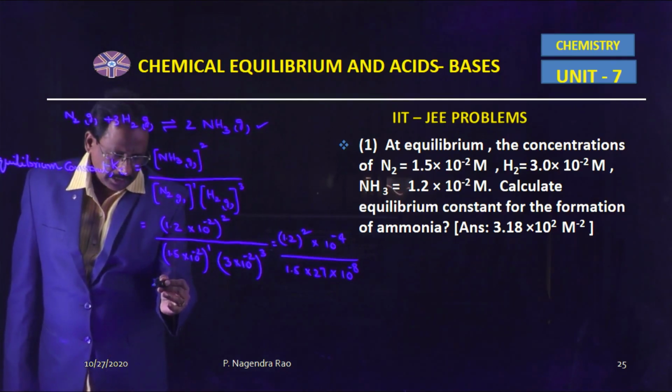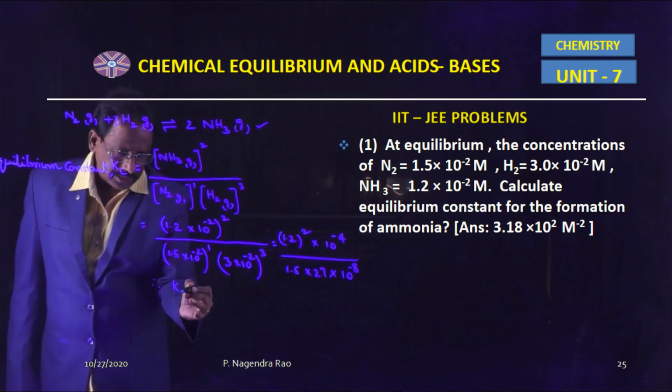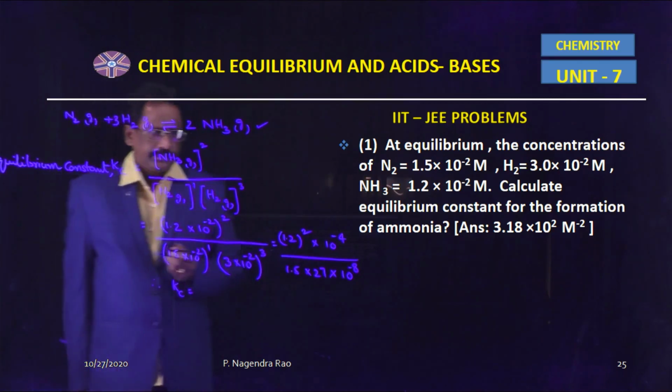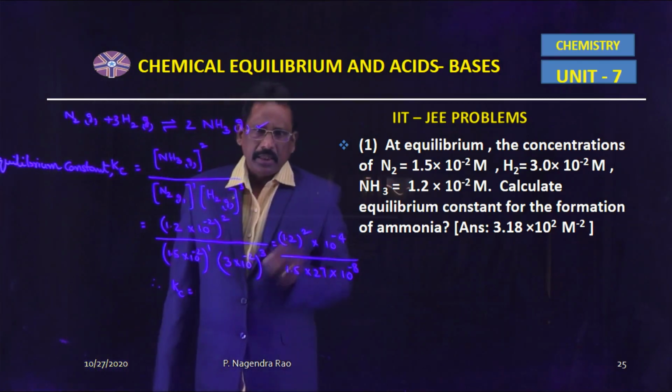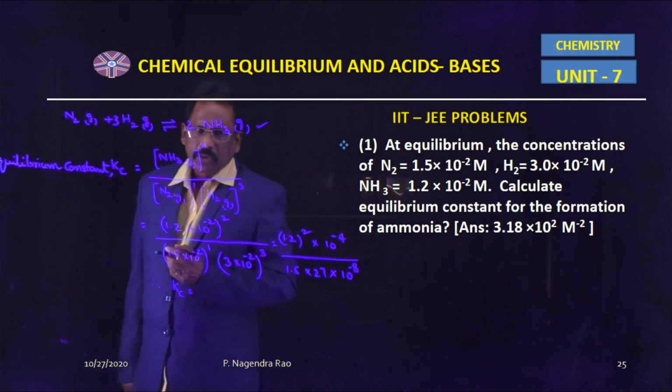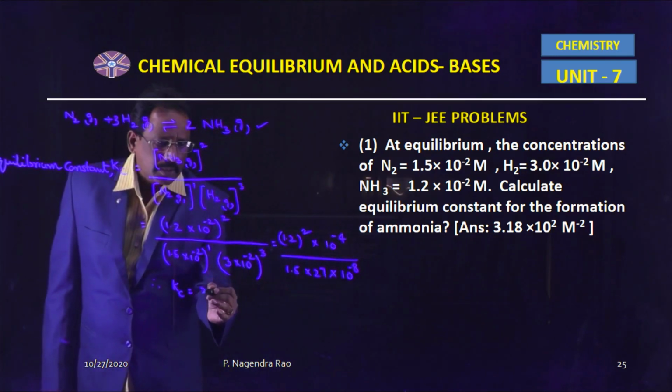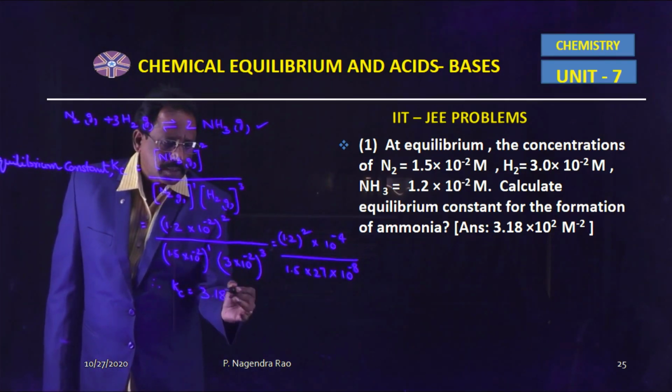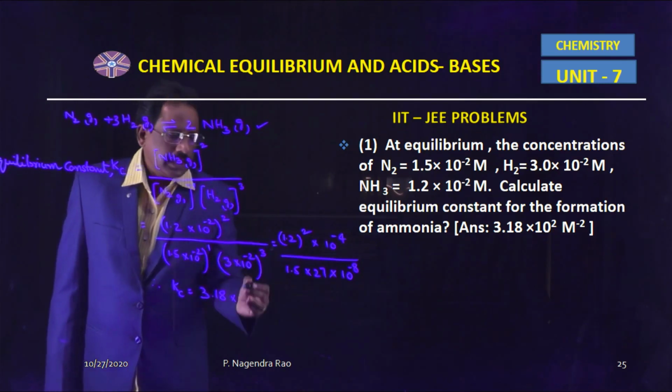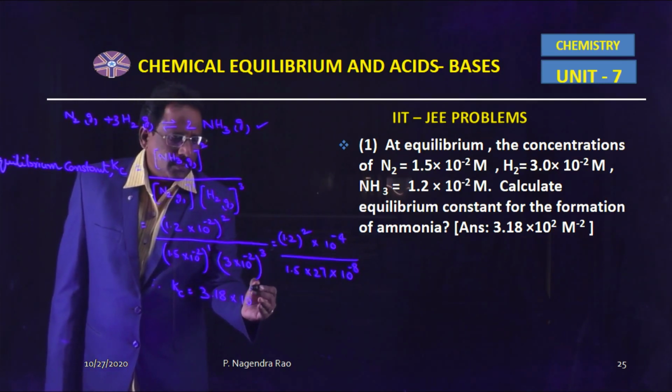Therefore, the equilibrium constant Kc, after this calculation, is equal to 3.18 into 10 power 2.